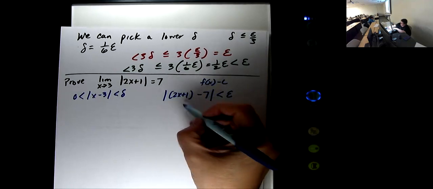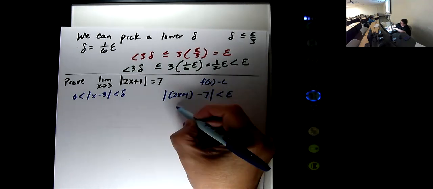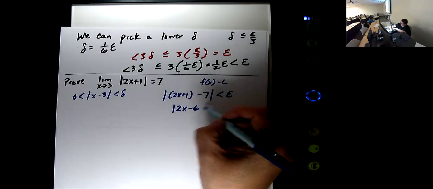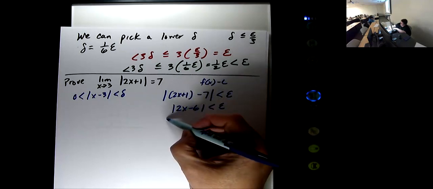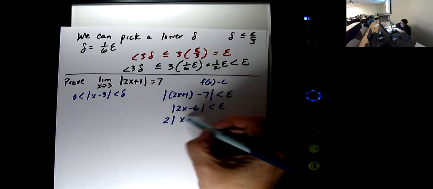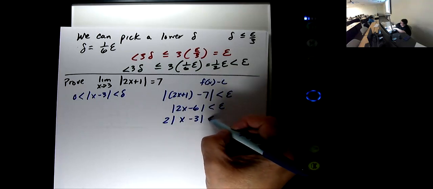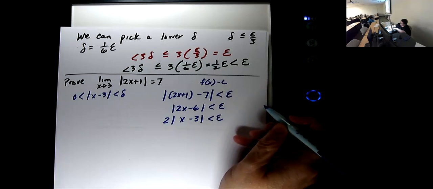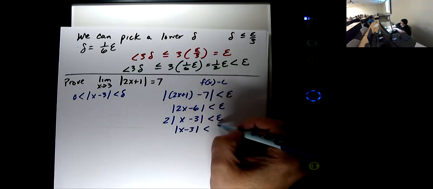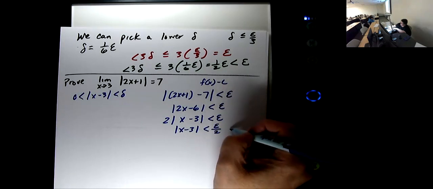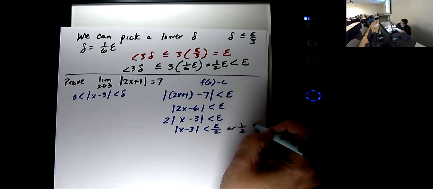So 2x plus 1 minus 7 is the same thing as 2x minus 6. And if I factor out the 2, I've got 2 times the absolute value of x minus 3 is less than epsilon. And if I divide by 2, I have the absolute value of x minus 3 is less than epsilon over 2, or 1/2 epsilon.